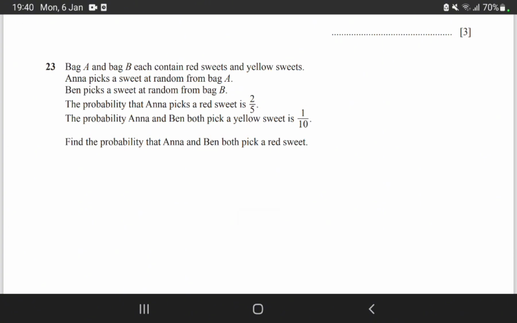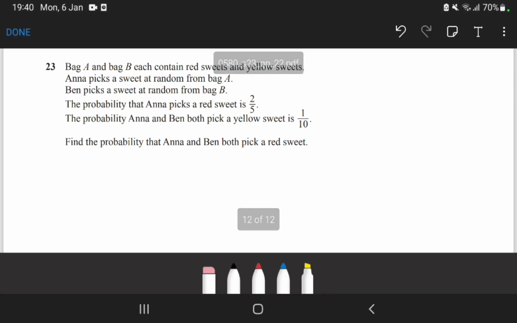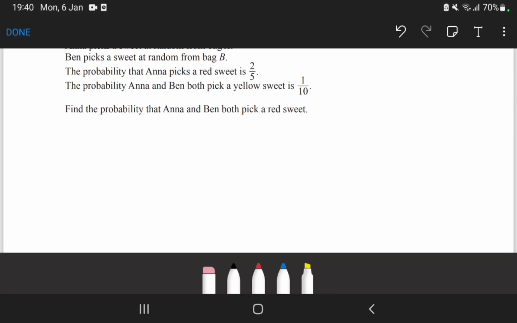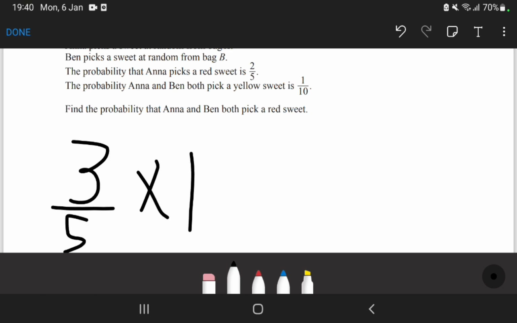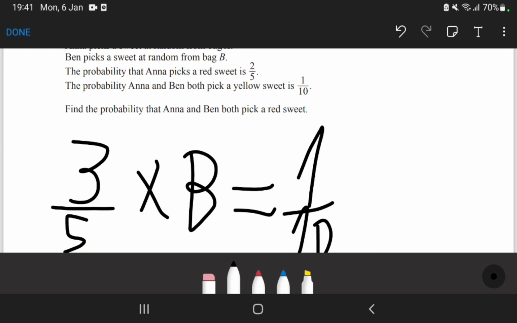So the probability that Anna picks a red sweet is 2 over 5, and the probability that Anna and Ben both pick a yellow sweet is 1 over 10. First let's find the probability that Ben picks a red sweet. We know the probability that Anna picks a yellow is 3 over 5, times Ben, which we'll call B, is 1 over 10.